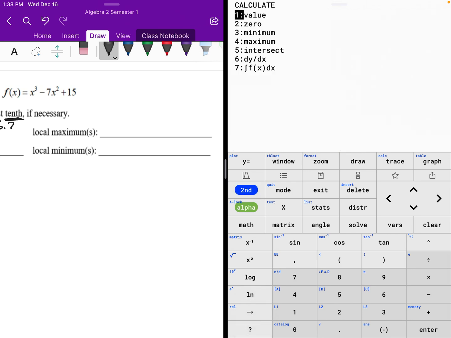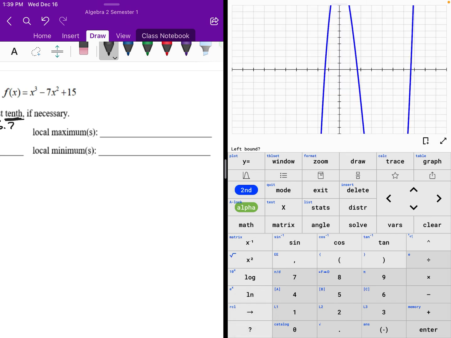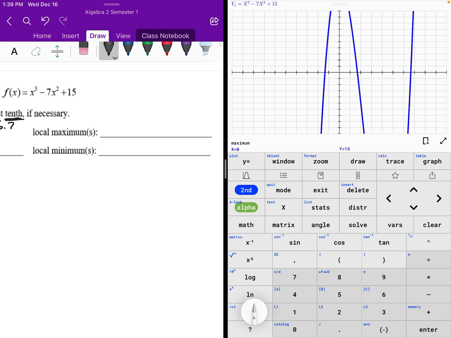So second trace, you're looking for a maximum. Now I'm just going to use those x-intercepts that we have. It's between -1 and 1. So left bound of -1, right bound of 1. Okay, 0, 15.